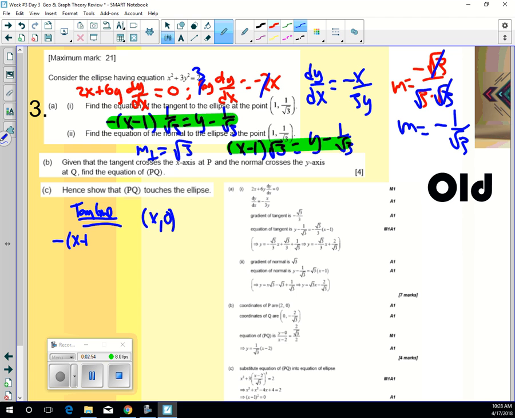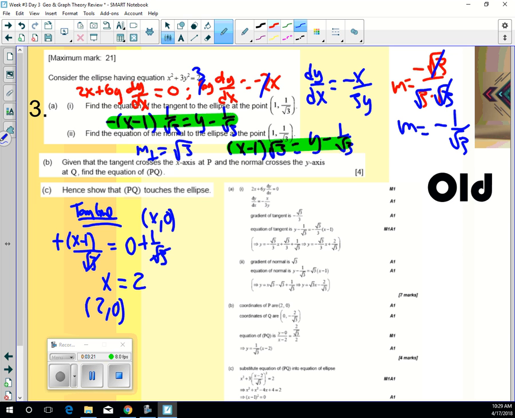Negative x minus 1 over the square root of 3 equals 0 minus 1 over square root of 3. So the negatives will cancel, and the root of 3's will cancel, and I'll get x is equal to 1 plus 1, which is 2. So this point is 2 comma 0.